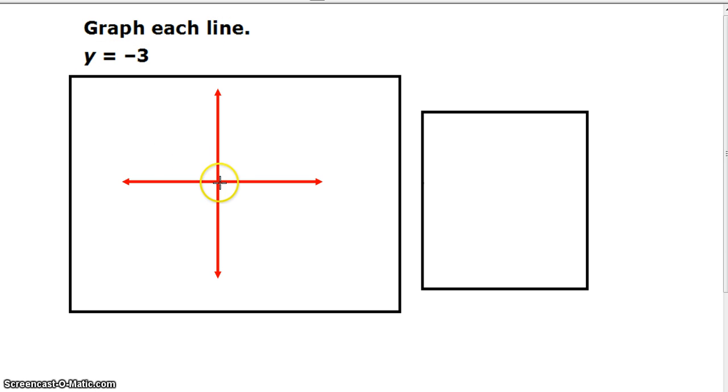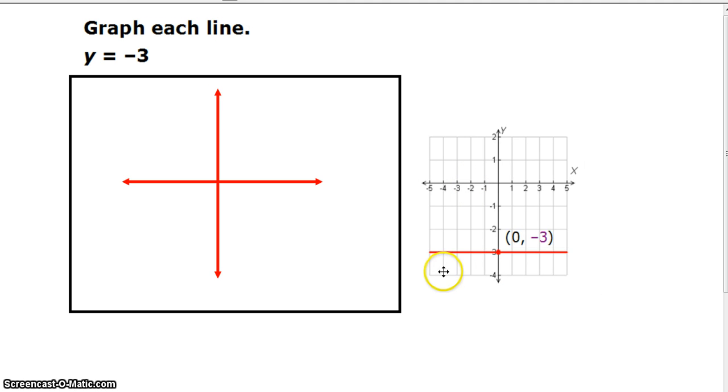Y, what I want you to think about is if you start at the point of origin, to find y is -3, which direction would you travel? Down 3. Good. So you would go down 3. From any place, I would go down 3, resulting in what type of a line? You got it. A horizontal line at y is -3. So here's what it looks like.